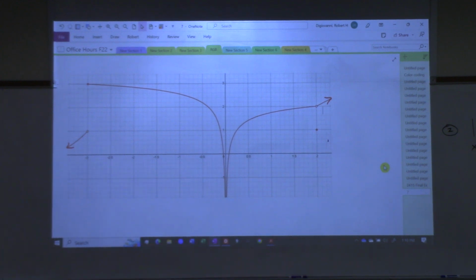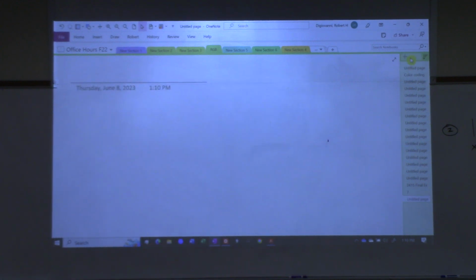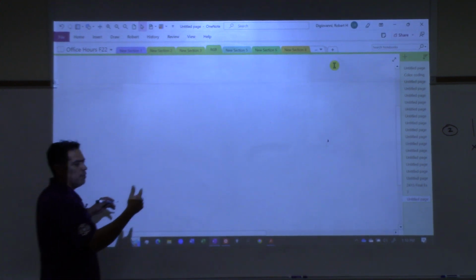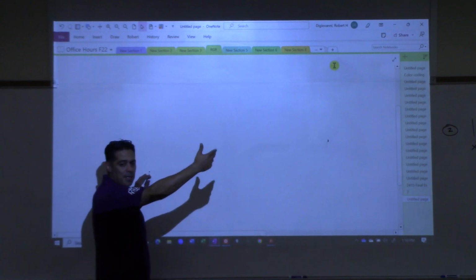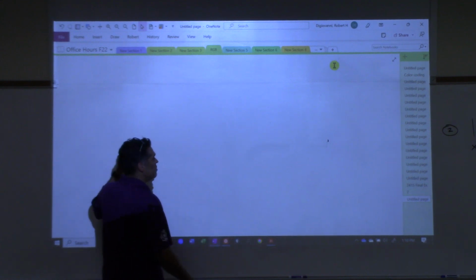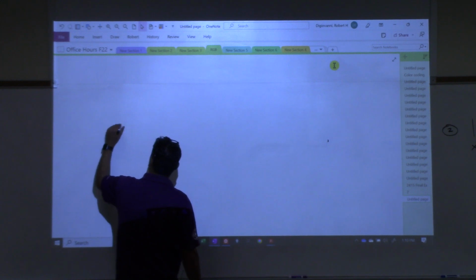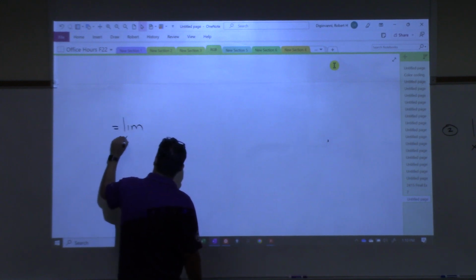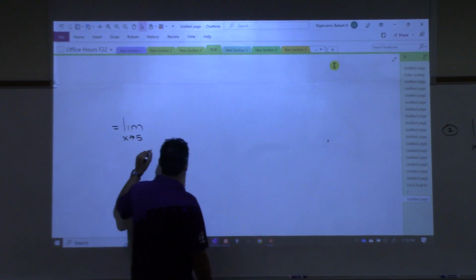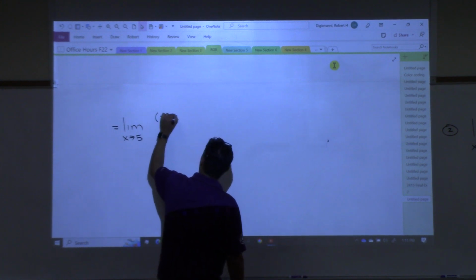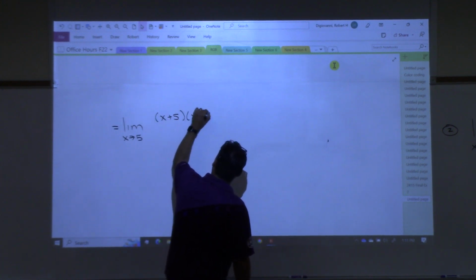Now the next one was this limit here. If you plug in 5 on top and bottom, you get 0 over 0. So we have to do some algebra. I told you I was going to try and make it an easy one. I hope that you agree that that's easy algebra. Difference of squares on top, right?